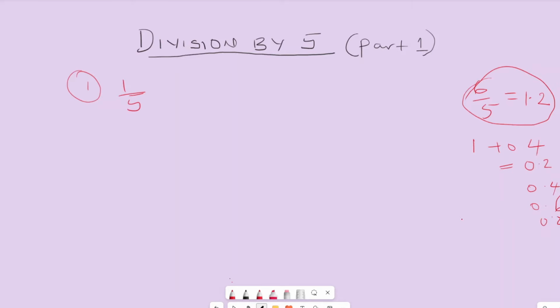But the numbers above 5, like 6, so 6 divided by 5, we're going to have 1.2. For numbers like 7, 7 divided by 5, we're going to have 1.4, because 7 plus 7 is 14, and all that.